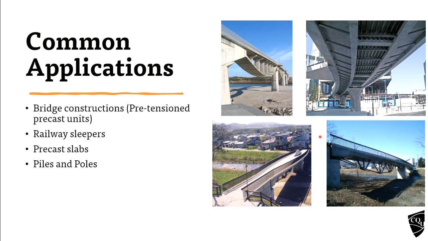And this one, both are the same bridge, different views. This is actually a pedestrian bridge. Again, it is in Tokyo. So the interesting part here, you can see the pre-stressing tendons outside. The deck is a very thin deck.